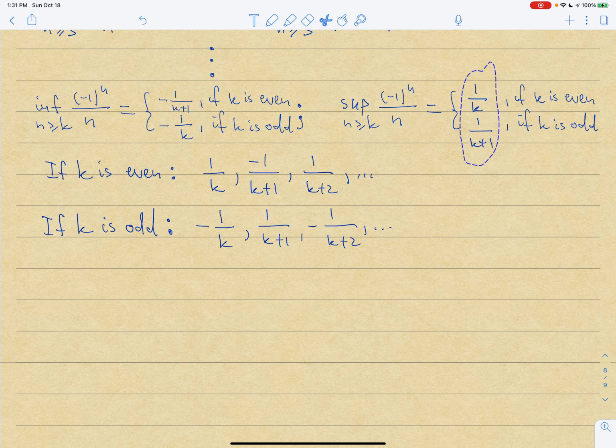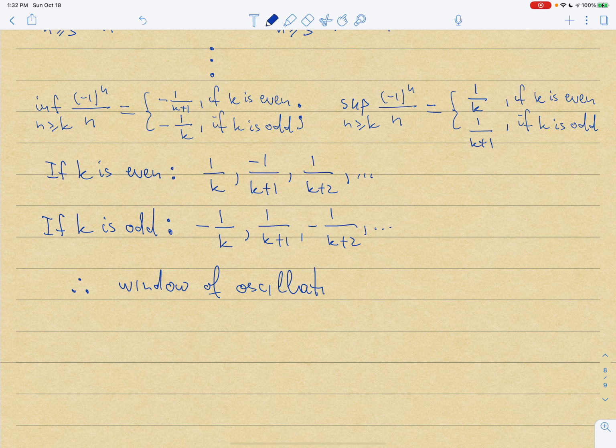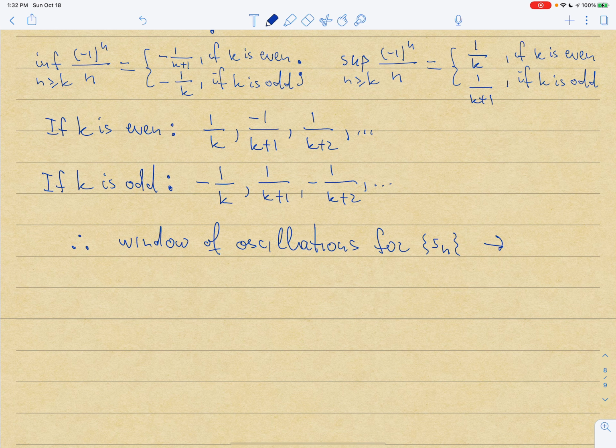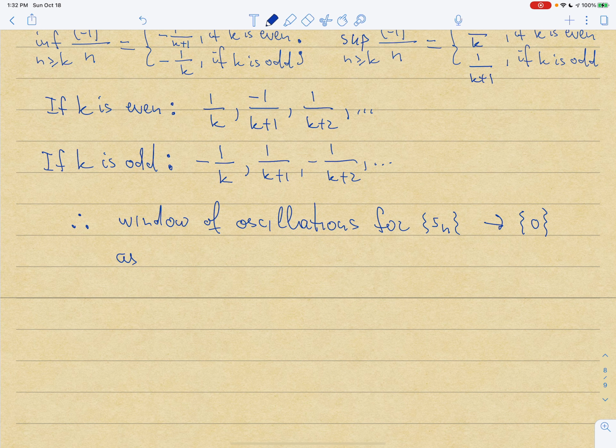So the conclusion: the window of oscillations for Sn goes to 0 as n goes to infinity.